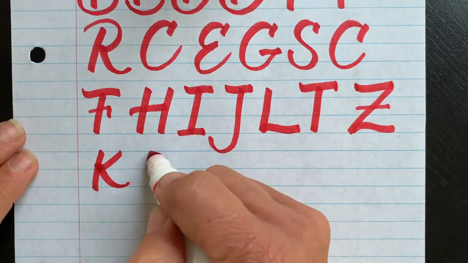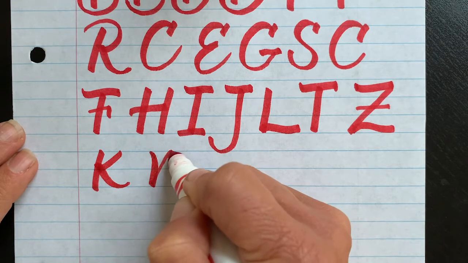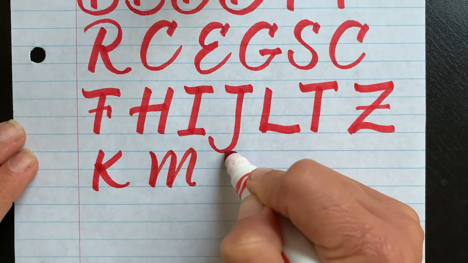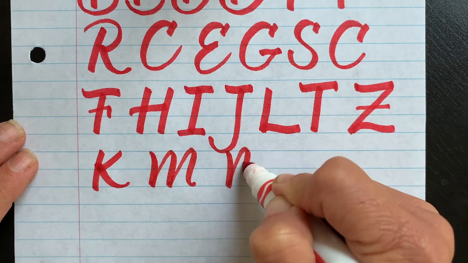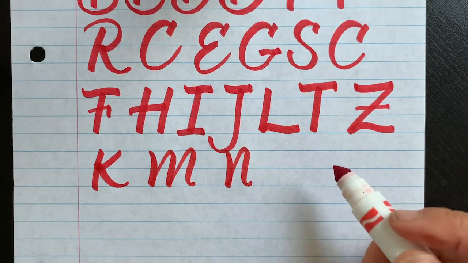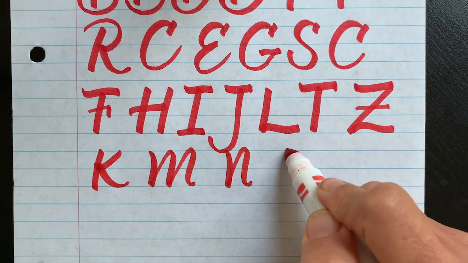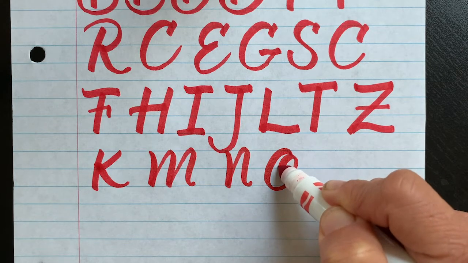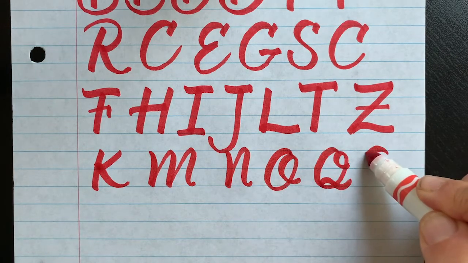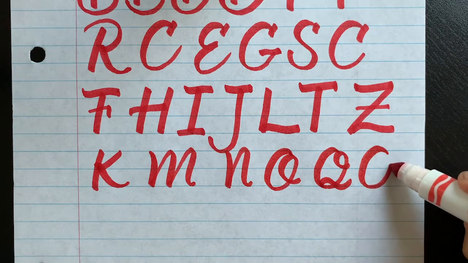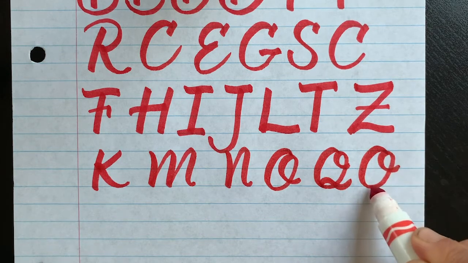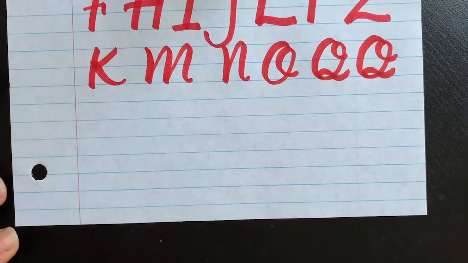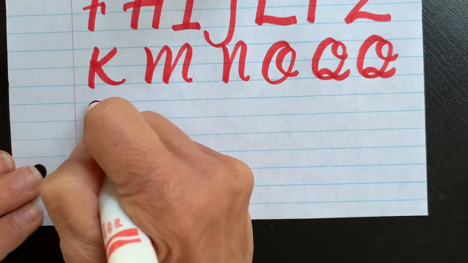Or the M and the N are similar. And they're very much like the lowercase M's and N's. The O's and the Q's. The U's are very much like lowercase u's.